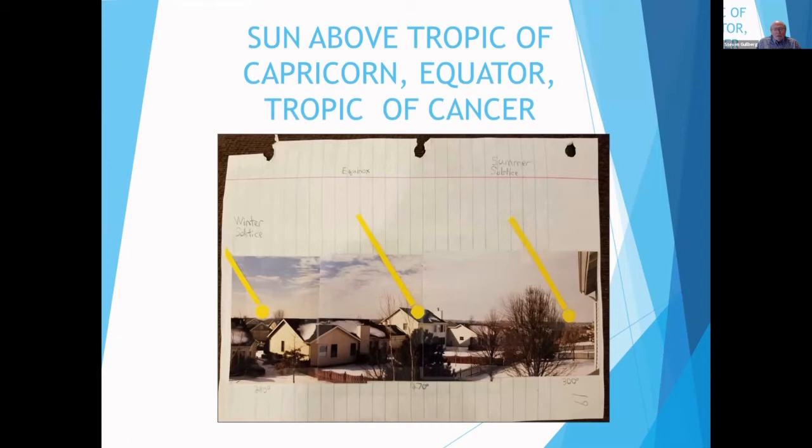Many years ago, when my son was in 6th grade, 12 years old, for an entire year he photographed the sunset from the same window in our house to show the way that the sunset traveled along the horizon between the June solstice, which is over here on the right, and then the equinox. And this would represent here the September equinox, and then the December solstice. The sun tracked along the horizon.